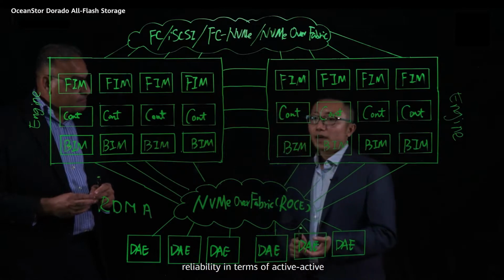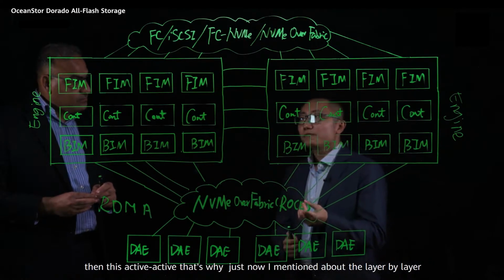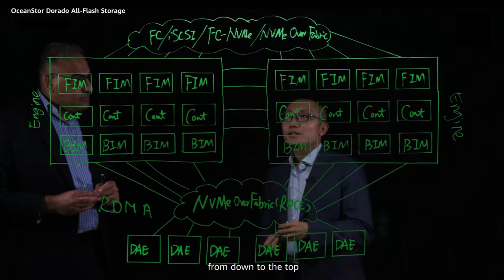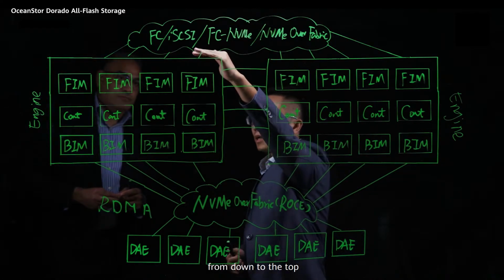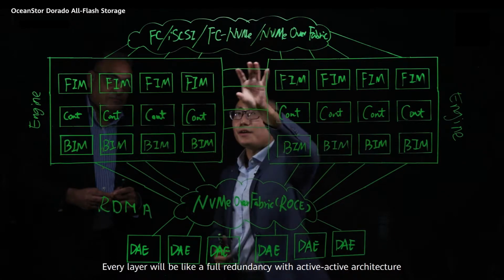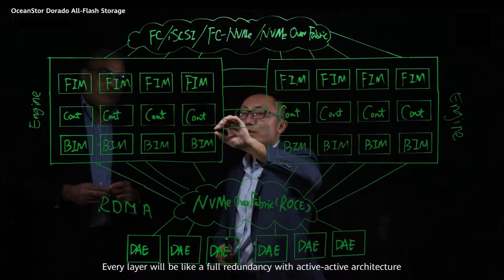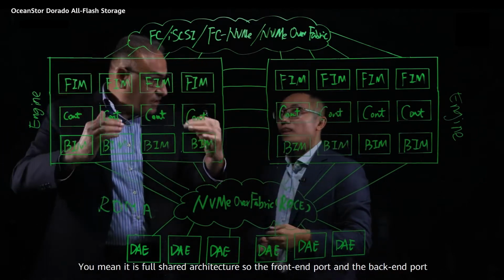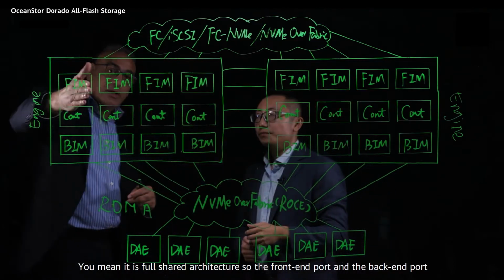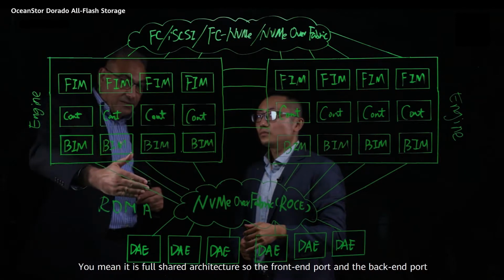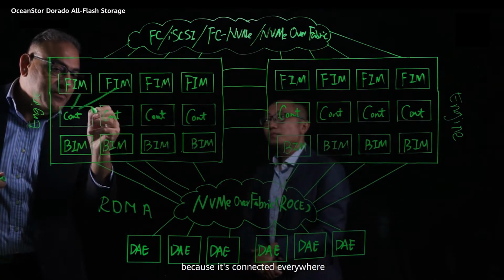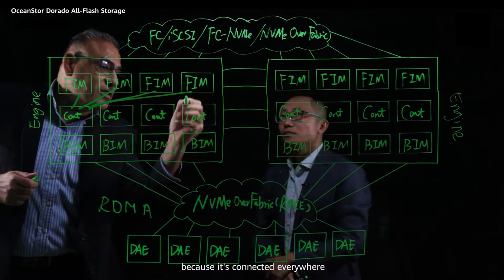In terms of active, that's why I just mentioned layer by layer, meaning you can see this architecture from down to the top. Every layer is fully redundant and active. You mean it's a full shared architecture. Yes. So the front end board and the back end board, everything is shared, because it's connected everywhere.